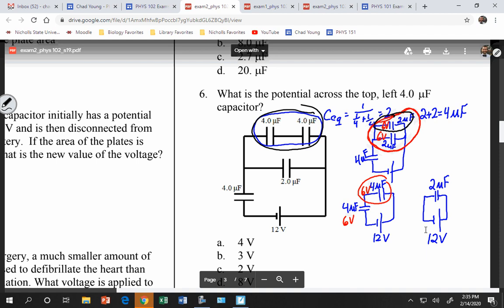Is it 12 or 3 or 6? 12. Where did you get that extra energy? You're telling me that I have 6 volts across a 2 microfarad capacitor, and now I'm going to have 12 volts across 2 capacitors. You're getting a lot more energy. And not 6 either.